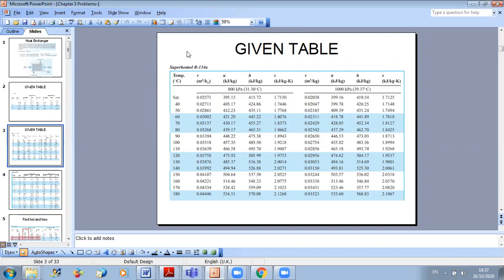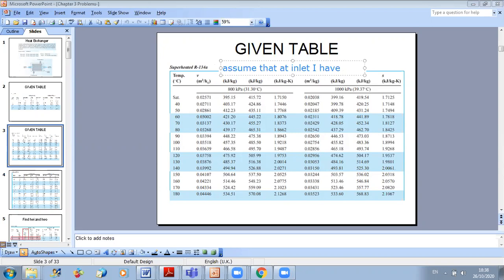My assumption is that at the inlet of the refrigerant I have a superheated state, meaning I have vapor.